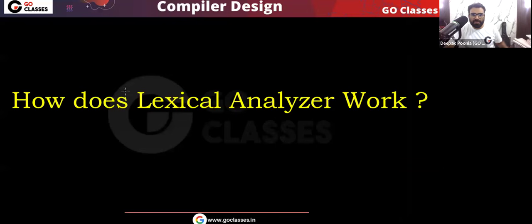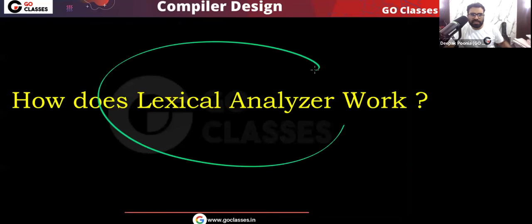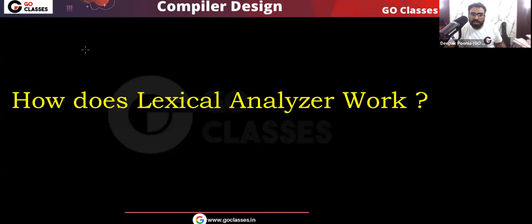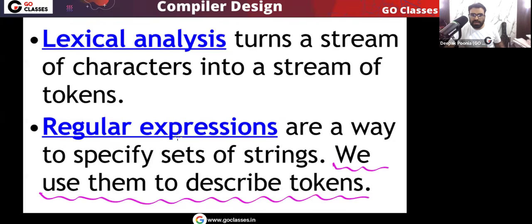Remember we are discussing how the lexical analyzer will work, how it will identify the lexemes, and for every lexeme we will write a token. So how to identify these lexemes and tokens? For that we use regular expressions. We use regular expressions to describe tokens, or I can say lexeme patterns, and for every lexeme we write a token.